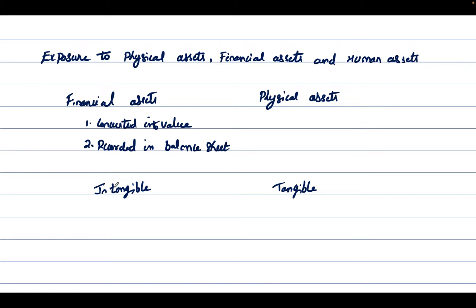Physical assets usually depreciate or lose value due to wear and tear. So, physical assets will be depreciated in the lifetime due to wear and tear, whereas financial assets do not experience such a reduction in the value due to depreciation. So there is no depreciation for financial asset.